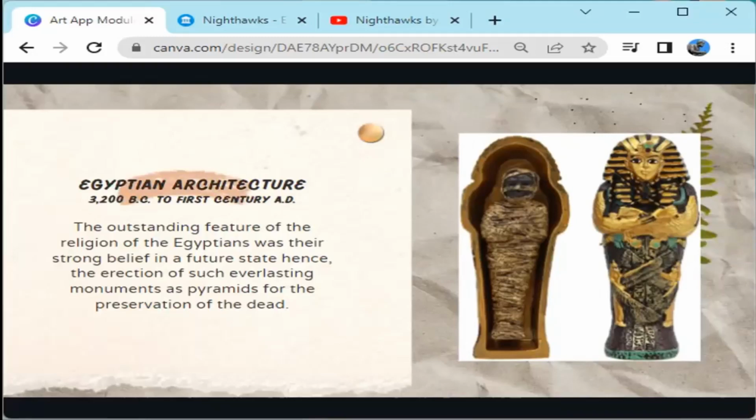May direct line to God. Kaya ganun talaga ginagawa yan. Pinipreserve nila kasi hindi makakatawid sa afterlife kung hindi nila gagawin ito.